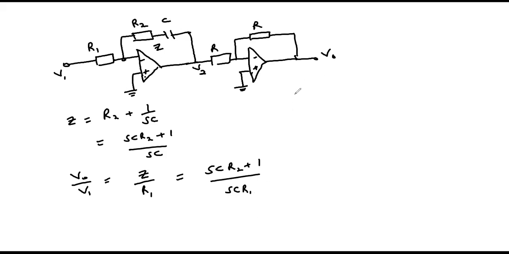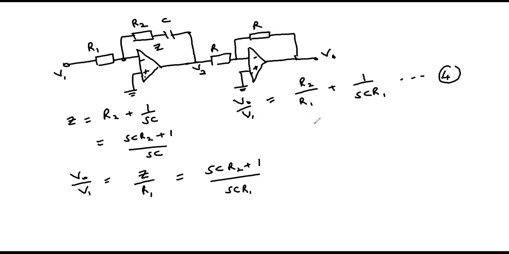Which we can write by splitting this into two terms as R2 over R1 plus 1 over SC R1. And this is our V out over V1. We call this equation 4.